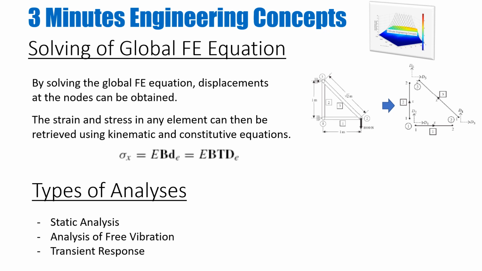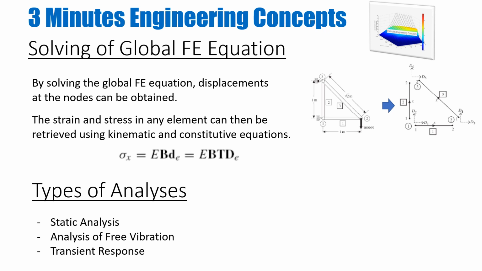However, to do so, we have to see what sort of analysis we are doing. There could be different possibilities. For example, we can be dealing with a static analysis where a structure is fixed and has no rigid body motion, but has forces acting onto it which can cause some kind of deformation. We can also be doing an analysis of free vibrations.